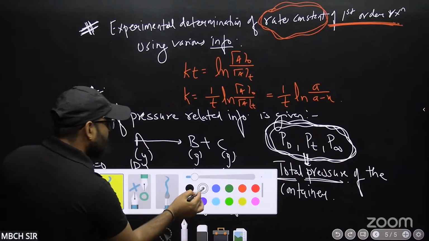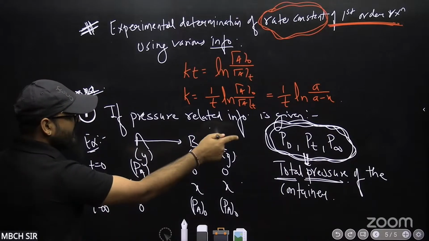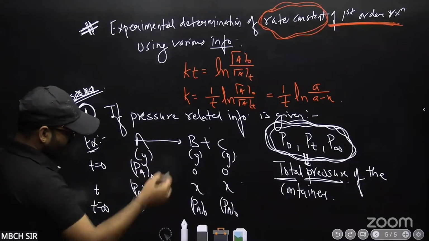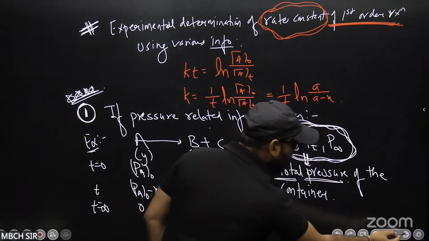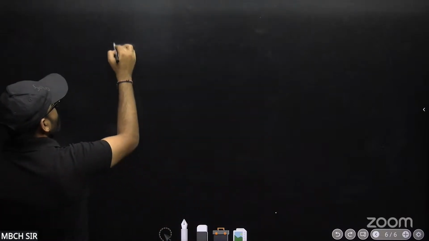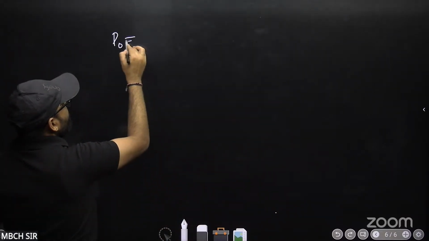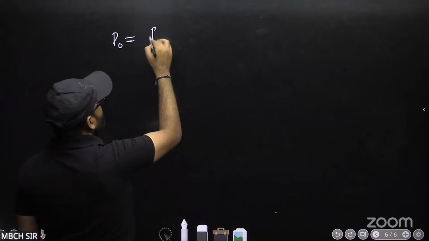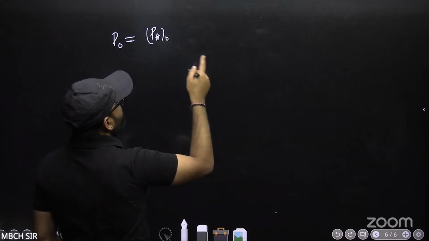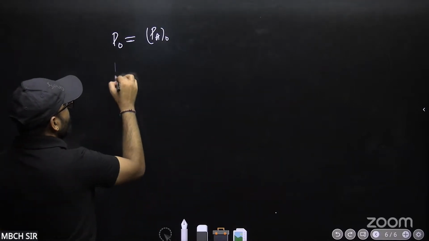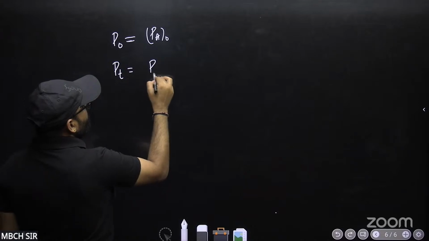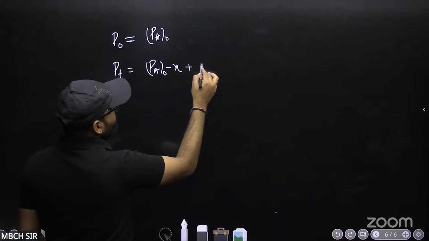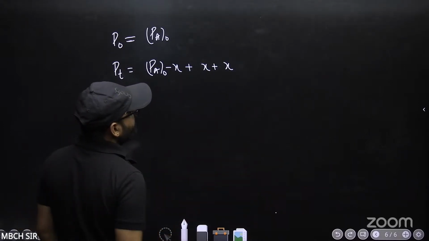Now, I'm equating these P naught, Pt, P infinite with these data. Keep these values in your mind well. I'm going on to the next page. P naught, that means pressure at t equals to 0. At t equals to 0, in the container only A was present. So A's pressure was PA naught. B's pressure and C's pressure was 0. Then Pt equals PA naught minus x, this was the pressure of A. Then pressure of B was x, and pressure of C was also x.